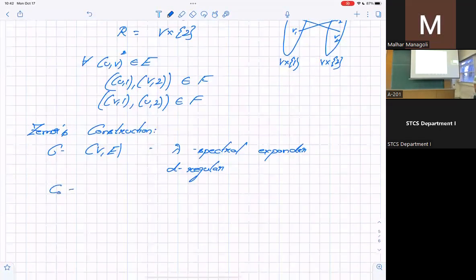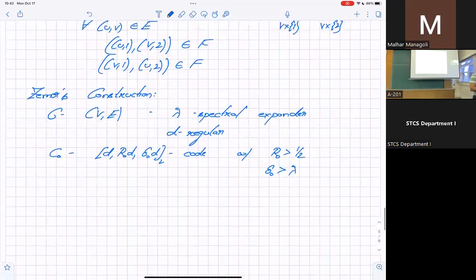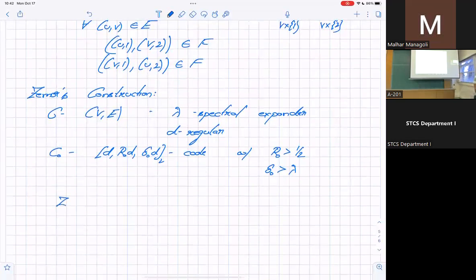C0 is as before, a D, R naught D, delta naught D code with R naught greater than half and delta naught greater than that. Then Zemor of G comma C0 is exactly what we had considered as C of the double cover of G, on the edges.